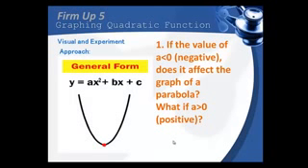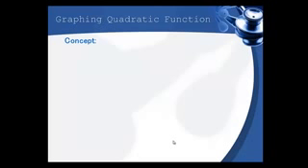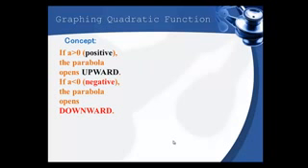We have the general form again, y is equal to ax squared plus bx plus c. If a is greater than 0, or positive, the parabola opens upward. And if a is less than 0, or negative, the parabola opens downward. I hope you remember all those.